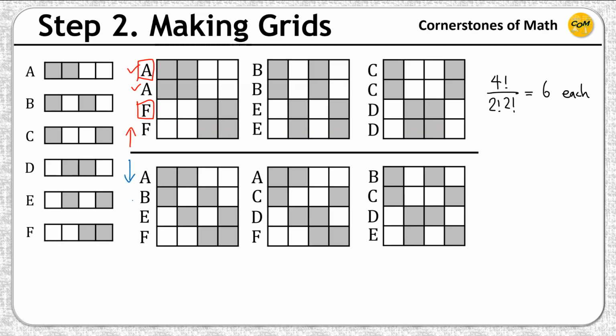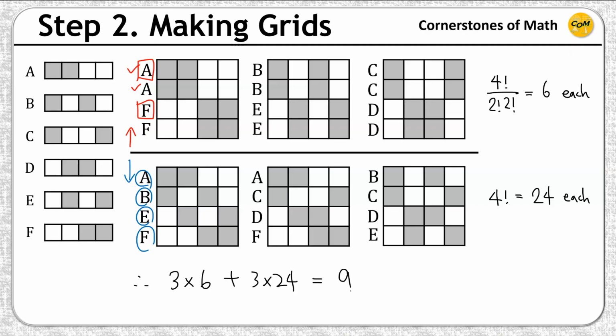Meanwhile, the 3 groups at the bottom consist of 4 different letters, with each letter being used only once. Therefore, there are simply 4 factorial, that is 24 ways to arrange the rows within each group. Therefore, the number of cases is 3 times 6 for the top groups and 3 times 24 for the bottom groups, which gives 90 ways.